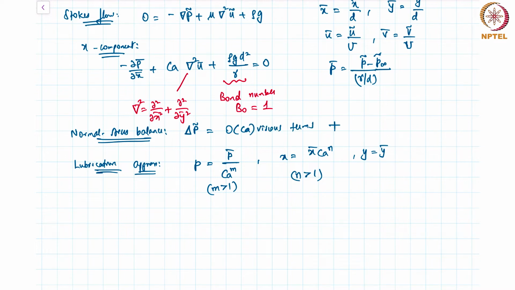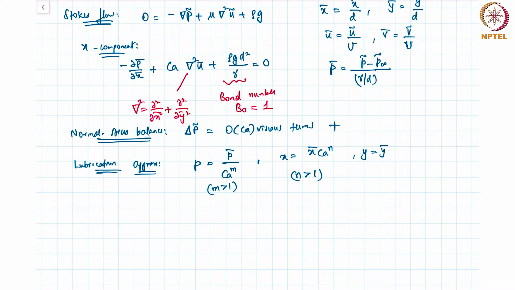I will not write it here, but the viscous terms are all very small because we are talking about capillary number being very small. Capillary number is the ratio of viscous to surface tension, and when capillary number is very small, it means that surface tension effects are much stronger than the viscous effects.